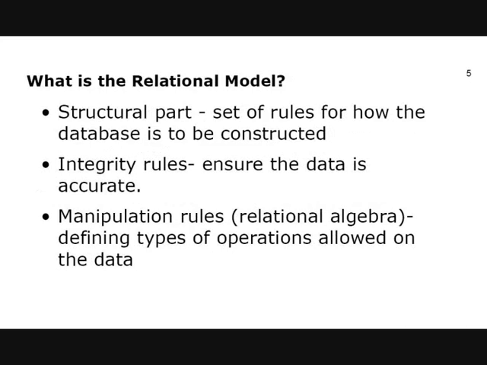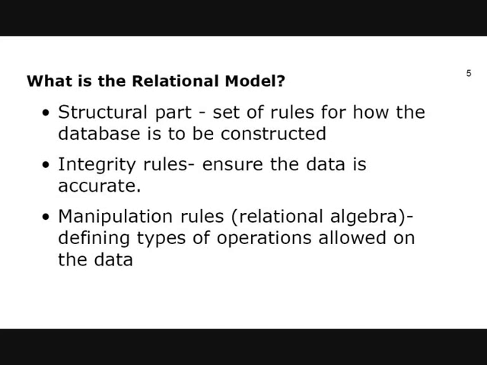In order to have a data model, we have to define a number of things. First, we need a structural part, which is the set of rules that allows us to express the objects in the real world in this model, that is, how the database is going to be constructed. Then we need integrity rules, which ensure that the data is accurate.